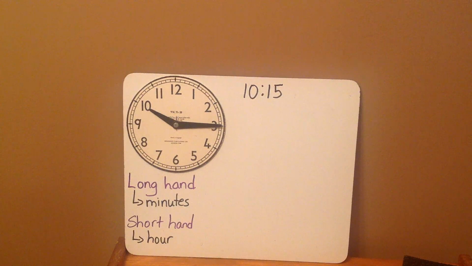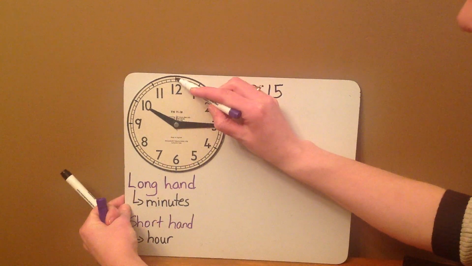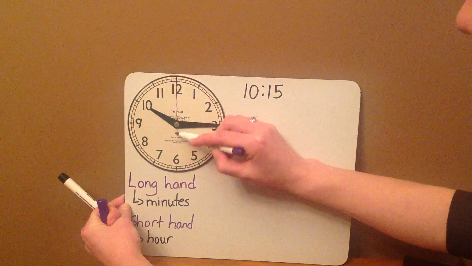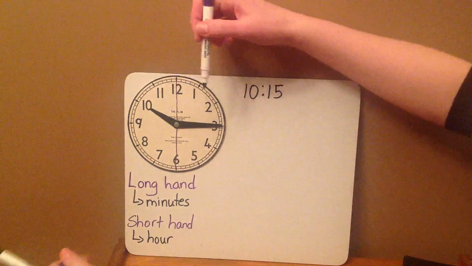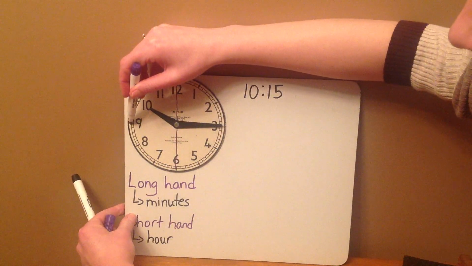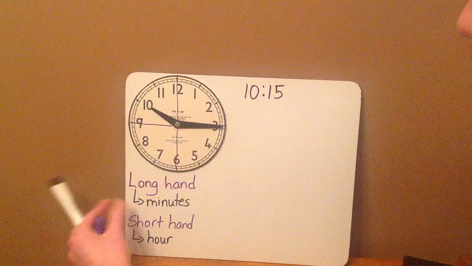Well, the first thing that we need to know is that our clock can be divided into different sections. First, we can divide it in half, straight down through the middle. We can do the same thing again from side to side, right from the 9 across to our 3.